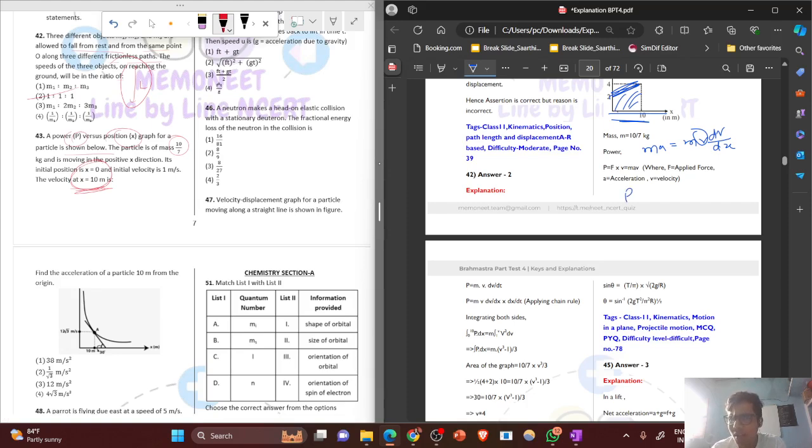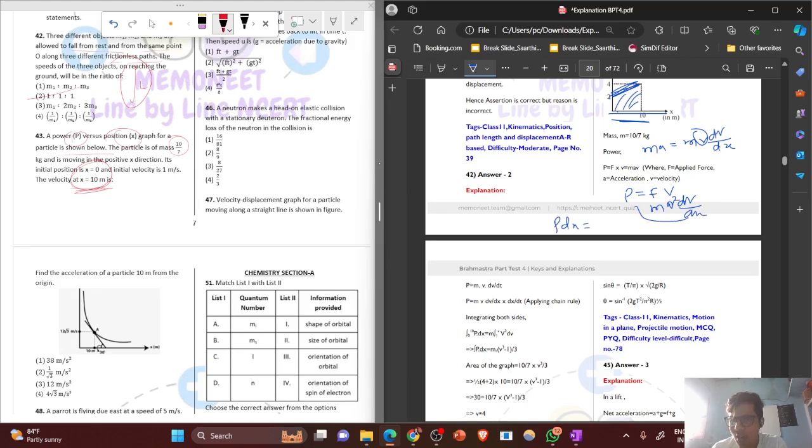Power is what? Force into velocity. Now what do you need to calculate? Power changes from where to where? From 2 to 4. Simple. Force is given by mass into acceleration, which is v dv by dx, and v square will become. Here the integration, dx cross multiply.